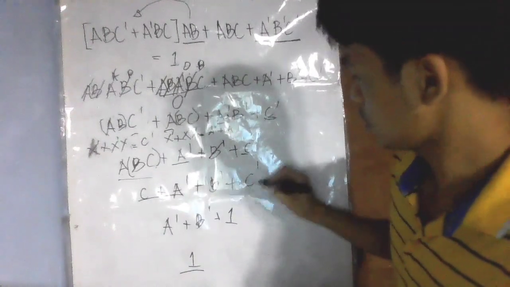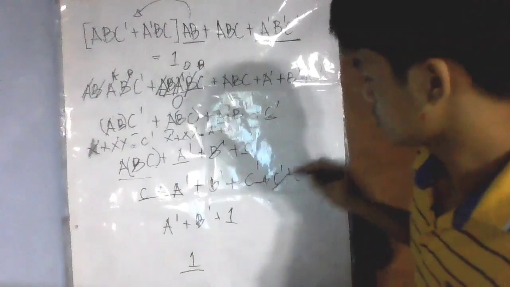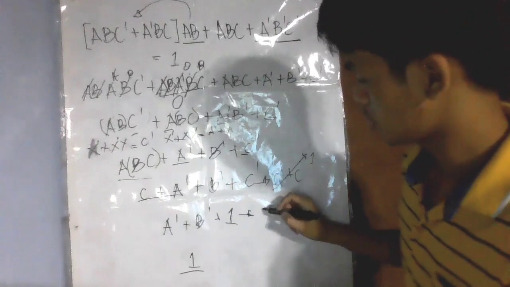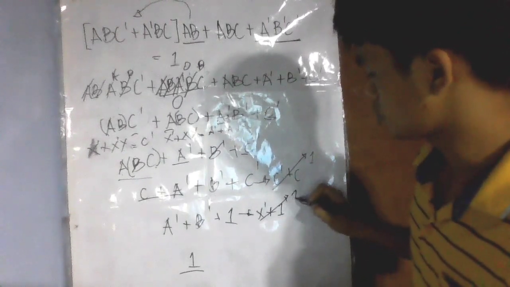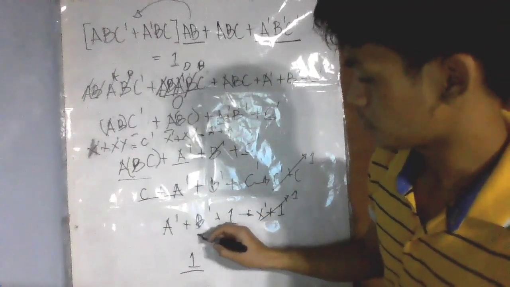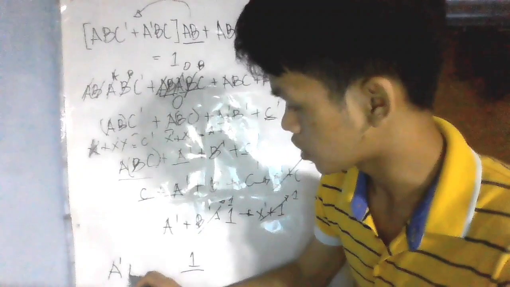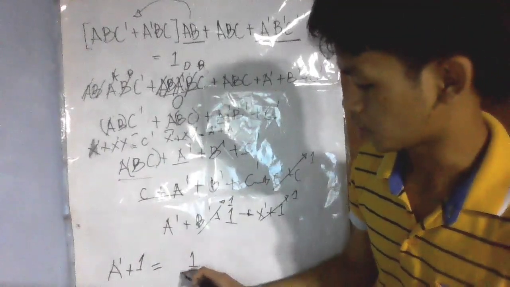Another theorem is C, which is here, C prime + C is equivalent to 1. Identity law, theorem number 2, which is X prime + 1 is equivalent to 1, which is here, will be cancelled by 1. And another A prime + 1 is also the identity law, which is equivalent to 1.